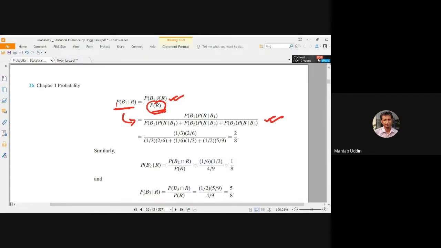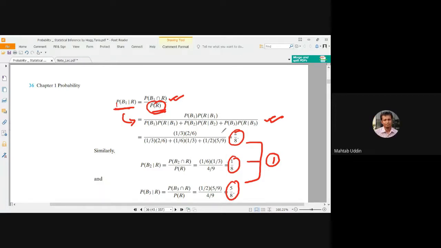Then we found the probability of getting the red chip from the first ball is 2 by 8, from the second ball 1 by 8, and from the third ball 5 by 8. And their sum must be what? Their sum must be 1. Can you tell me why? Probability total is always 1, definitely, but there is a logic behind this.